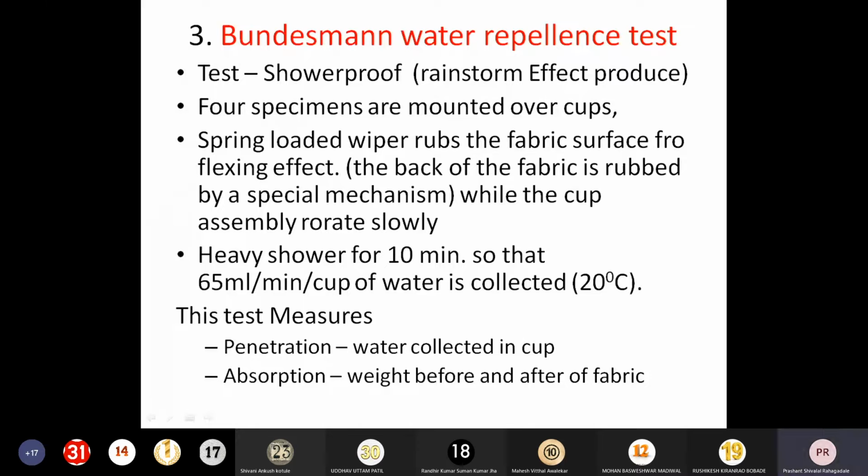So this method is a British standard method. Now what we do in this method, as I told you, एक artificial rain मैं यहाँ पे produce करने की कोशिश करता हूँ.